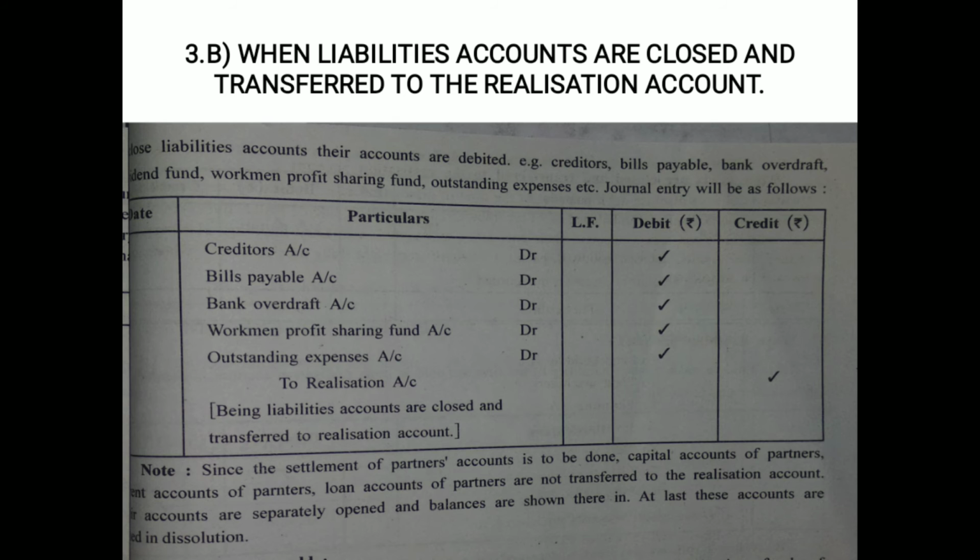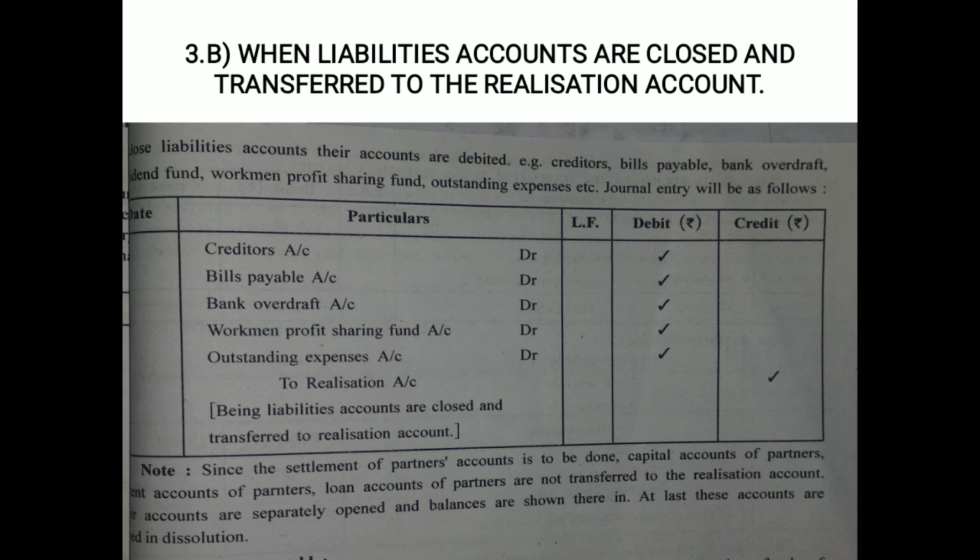Next, when liability accounts are closed and transferred to the realization account. Now liabilities basically have a credit balance. Liabilities are given on the credit side of the balance sheet. So if you want to close a credit balance, then in the journal entry you will have to debit the same.